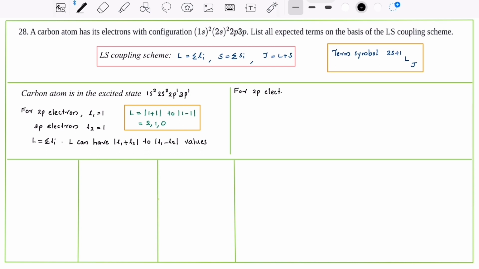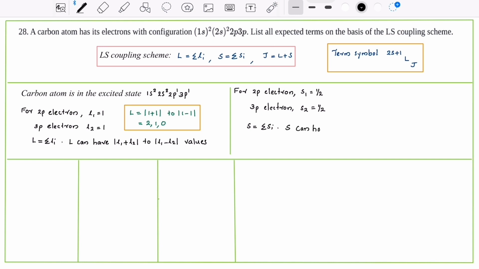Now for the 2p electron, you have S1 is equal to 1 by 2, and for the 3p electron you have S2 is equal to 1 by 2. Therefore, capital S is equal to sum over Si.